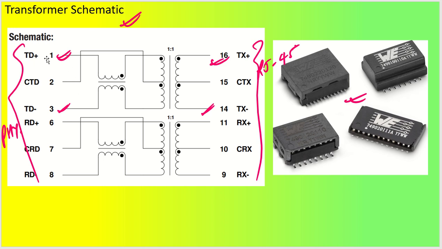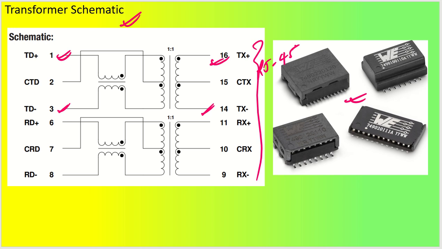We have TD plus, TD minus, CTD line, then RD plus, RD minus, and CRD line. Then on the output side we have TX plus and TX minus, similarly RX plus, RX minus, and CTX and CRX, which get connected to the RJ45 connector. These lines come from the Ethernet PHY outputs and connect to the RJ45 connector so that the data can be sent to the network.